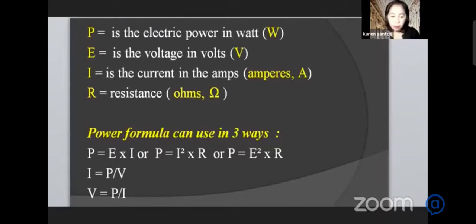If you will find the power, P is equal to E times I, or P is equal to I to the power of 2 times R, or P is equal to E to the power of 2 divided by R. If it's current, current is equal to power divided by voltage. And if you will find the voltage, it is equal to power divided by I, or current in amperes.